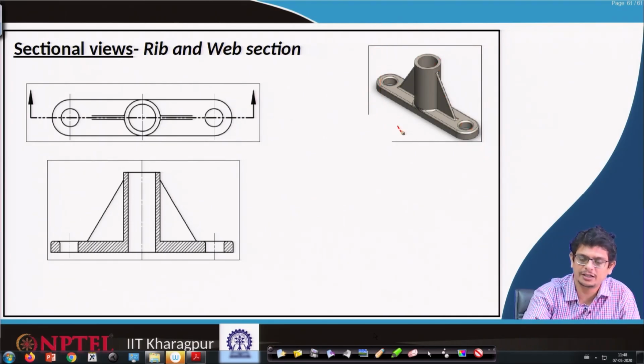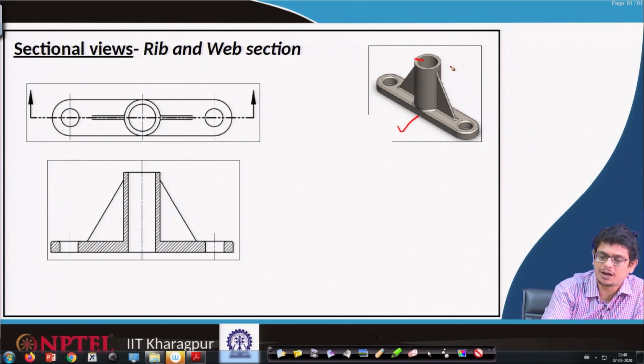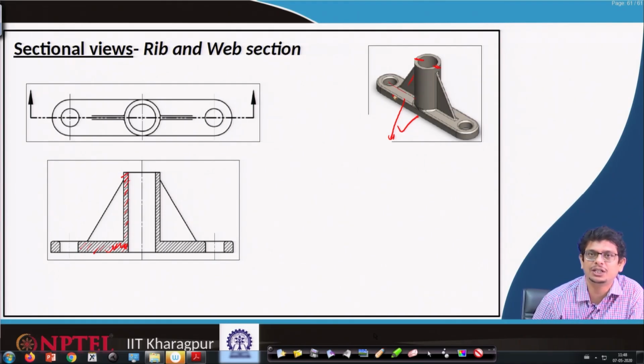So, let us look at that view. This part has to be hashed. So, we have those hashes, and material goes all the way there, because the hash portion shown here is for that bottom portion. The flange portion, though it is being sliced, by the standard convention we do not represent it by any hashed lines.